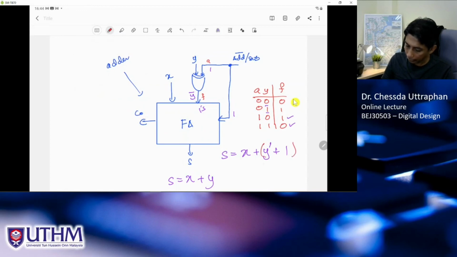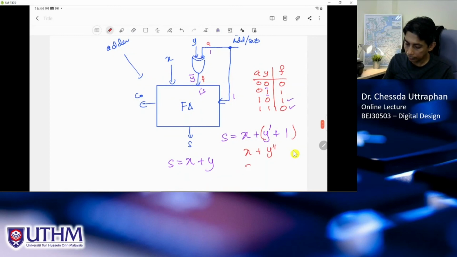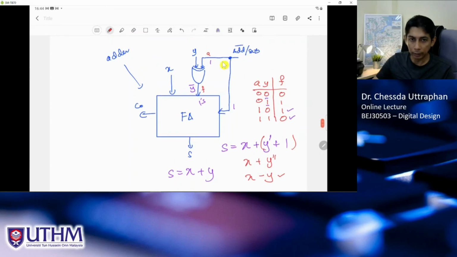This is actually X plus second complement of Y. And remember, X plus second complement of Y is actually X minus Y. So that is how this circuit works, right?